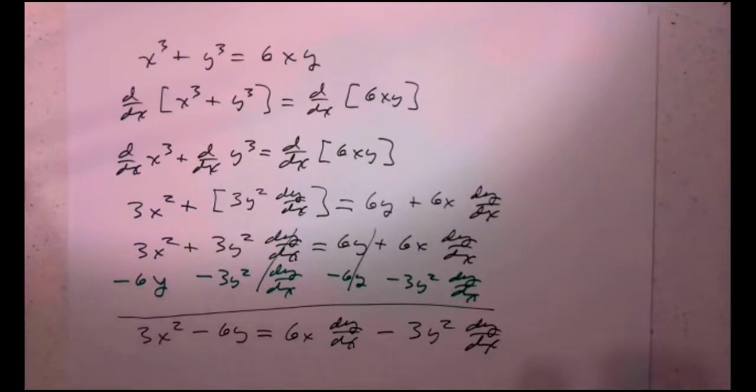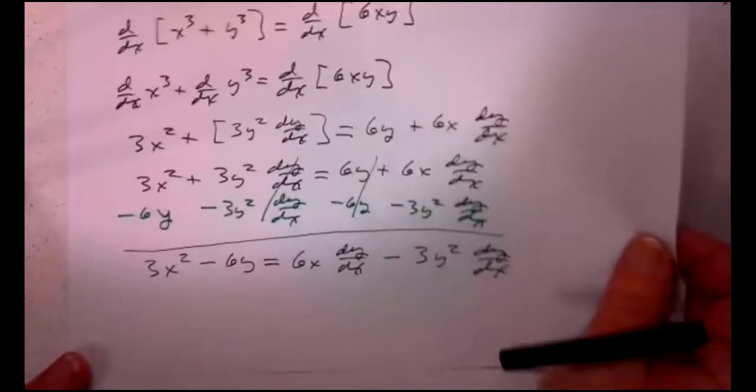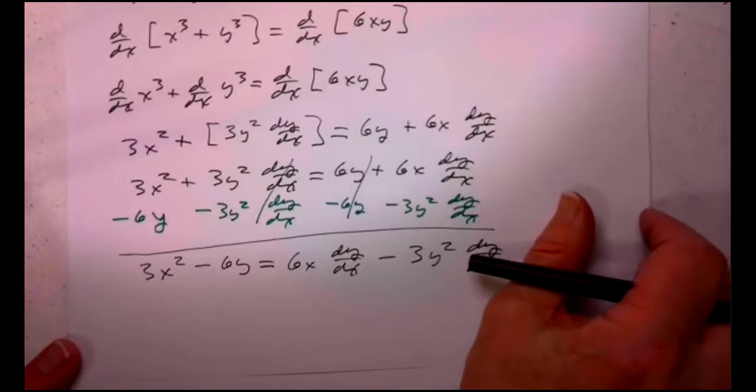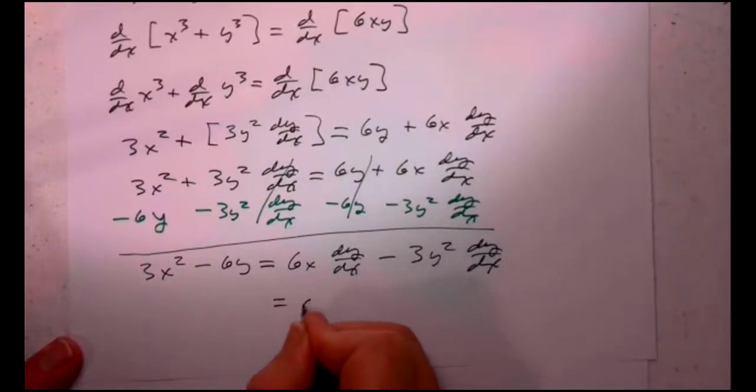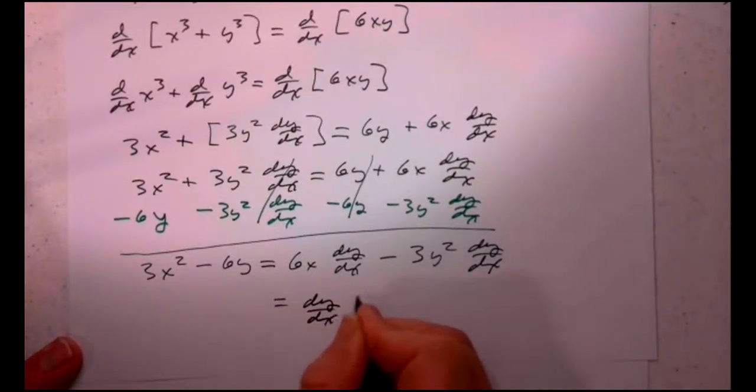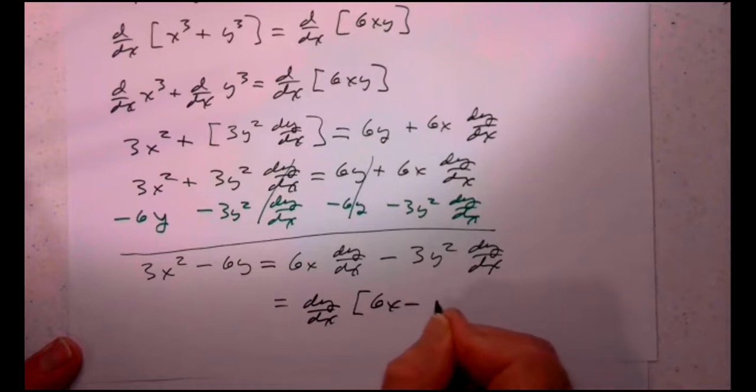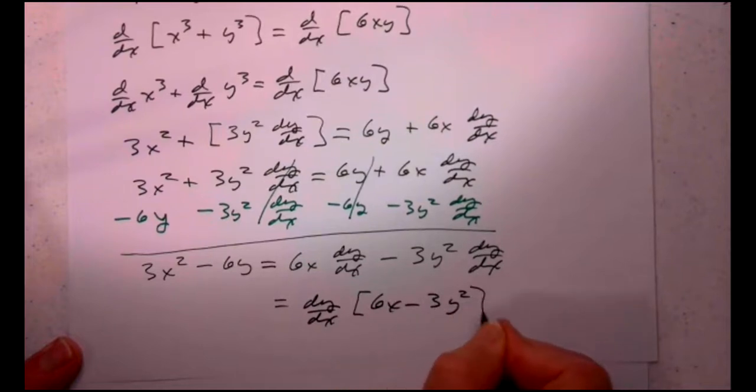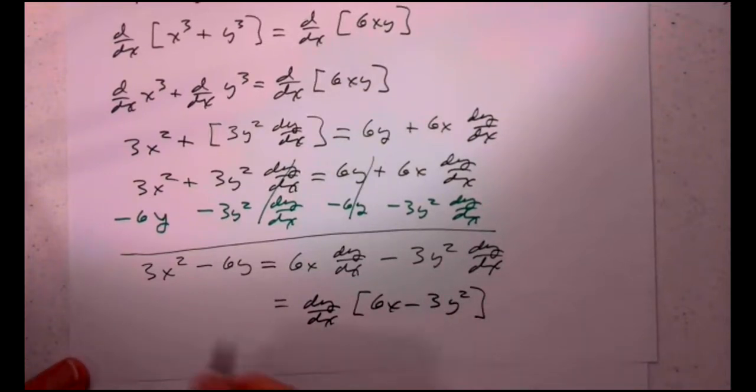Remember, my goal is to solve for dy/dx, so I can factor out that dy/dx on the right side. Factoring out the dy/dx, we get (6x minus 3y squared) dy/dx equals 3x squared minus 6y.